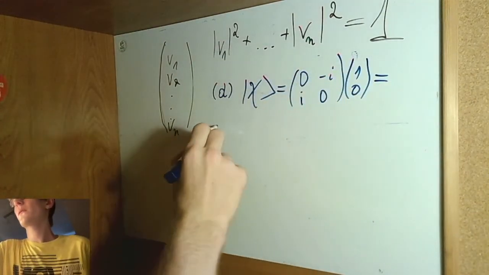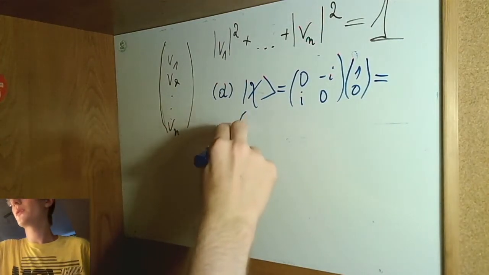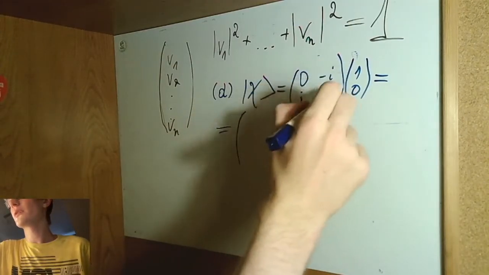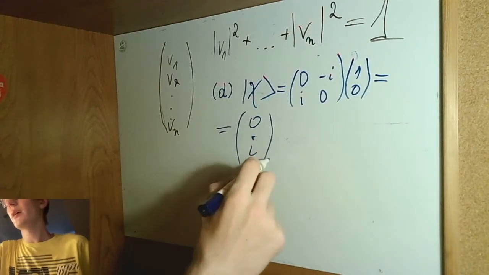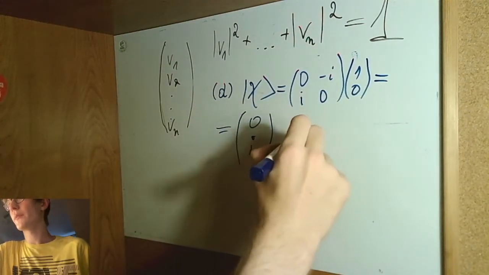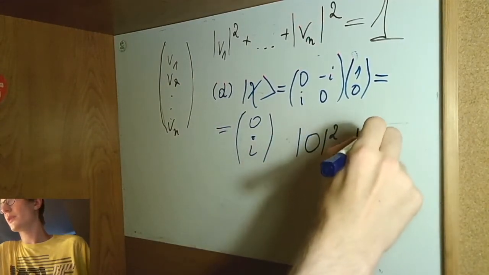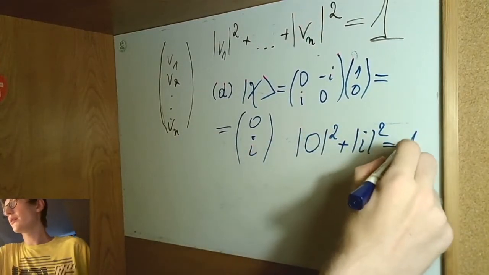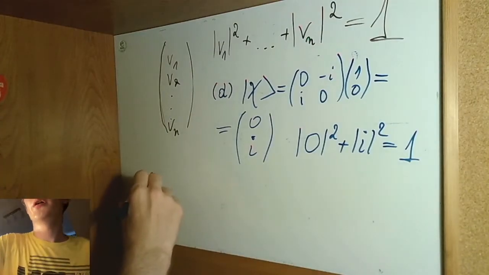So we can compute the vector first: 1 times 0 and minus i times 0 is 0, and here it is i. And now we can compute our formula: 0 squared plus i squared, so it's 0 plus 1. So it is a plausible state vector. We don't have to normalize it.